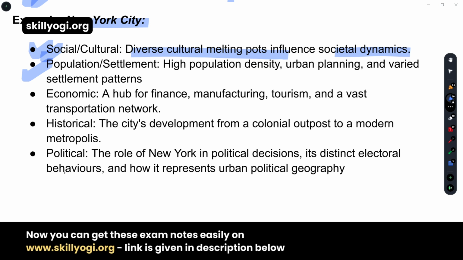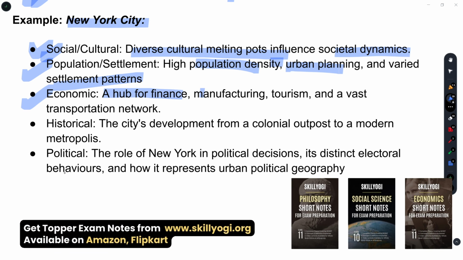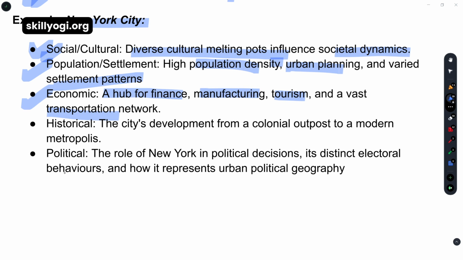Population and settlement, where we can have high population density, urban planning, and varied settlement patterns as per the surroundings. Coming to economic geography, a hub of finance, manufacturing, tourism, a vast transport network, and not only transport but also communication.